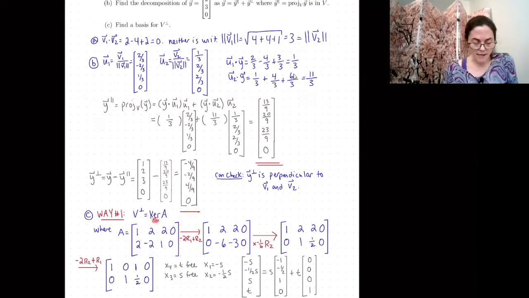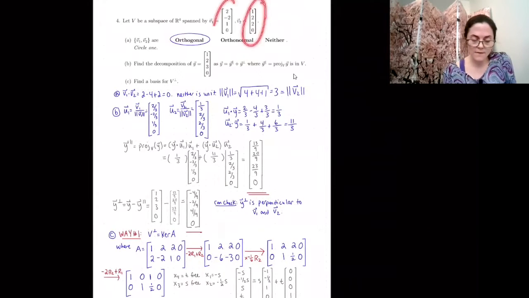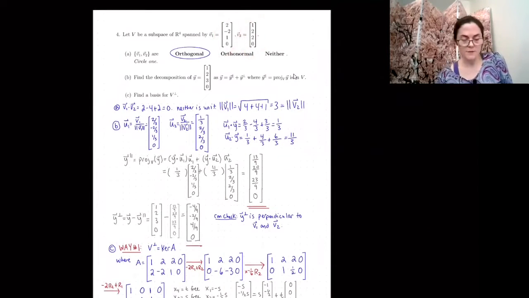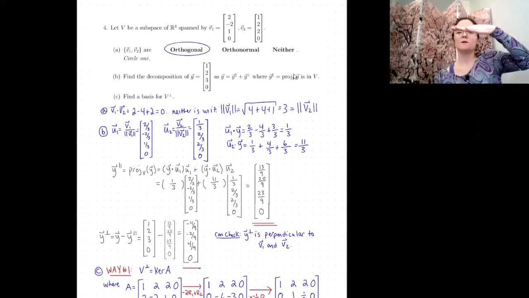Just make a matrix such that V perp is the kernel of that matrix. And how do you do it? Well, let's go back. My original vectors are this one and this one. I can put those in rows of a matrix. And then anytime you take one of those dotted with the column, this dotted with that, that's saying that any vector in the kernel of this matrix will be in V perp.